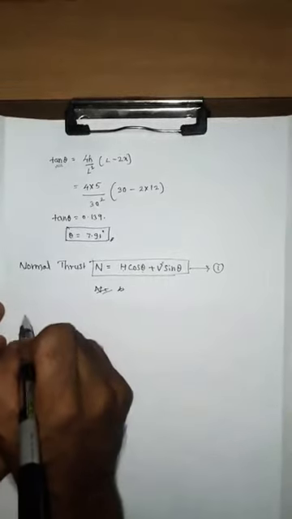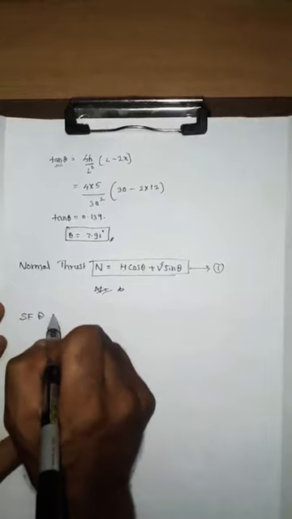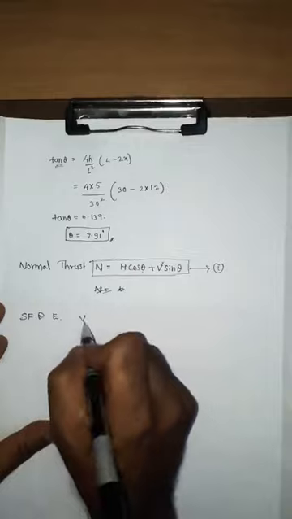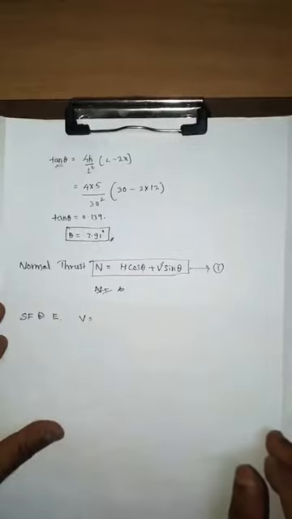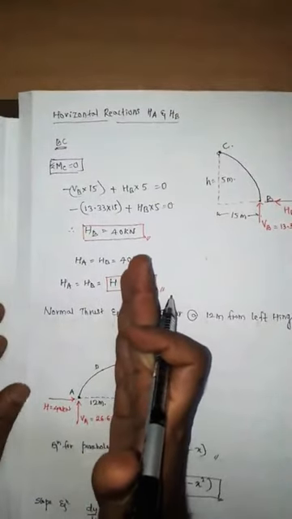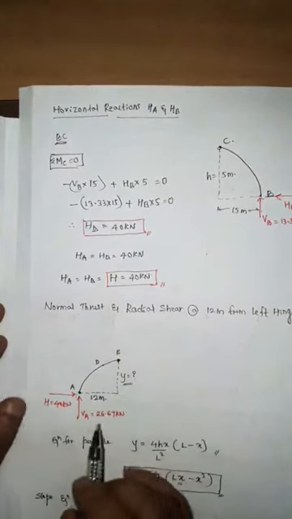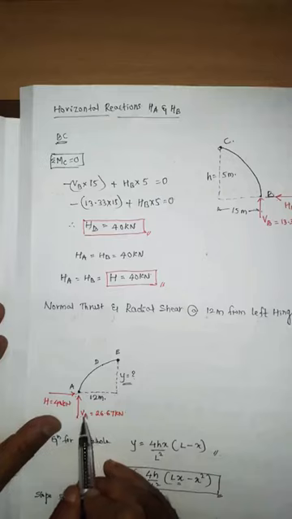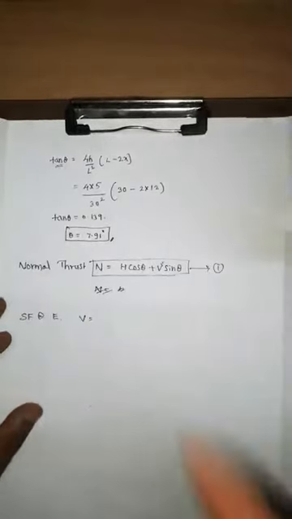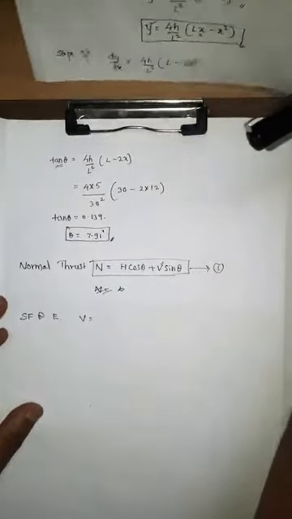So shear force at point E, first we'll find this shear force, that is V. What is the shear force at point E? Shear force means addition of all the vertical forces. Now there will be two forces, one is VA, and another one, there is a 40 kilonewton force.